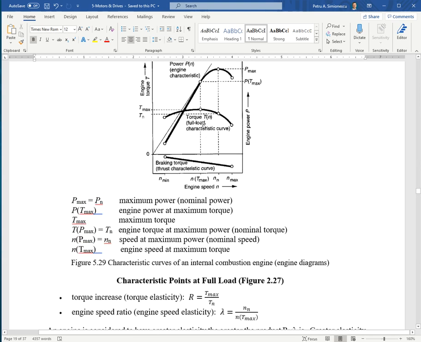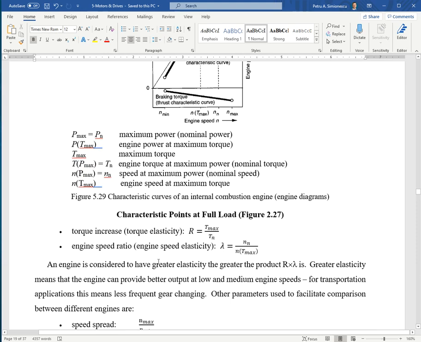You take the ratio between the maximum torque and the torque at maximum power. And there is also engine speed ratio, or engine elasticity, which is the ratio between RPM of maximum power and RPM of maximum torque.